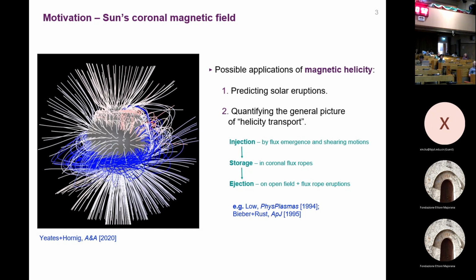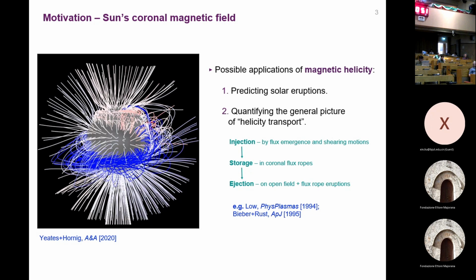The second motivation is a less direct application, and that is to think about the picture of helicity transport. For a long time in solar physics, there's been this general idea that magnetic helicity is somehow injected into the atmosphere by things coming out of the sun.